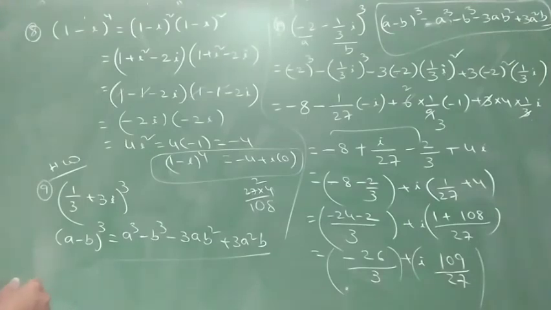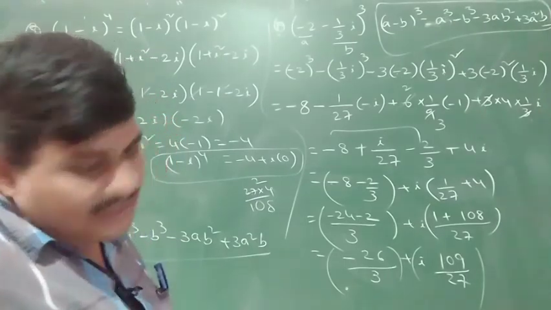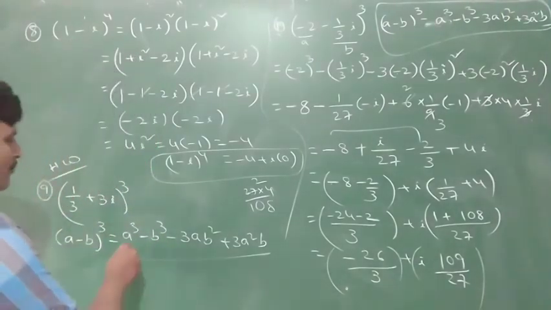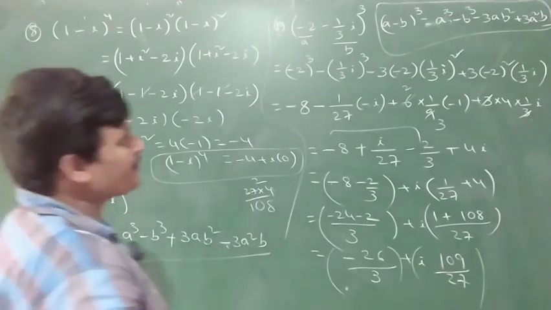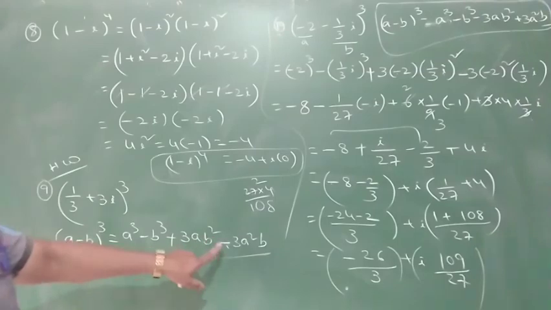The formula is a cube minus b cube plus 3ab square minus 3a square b.